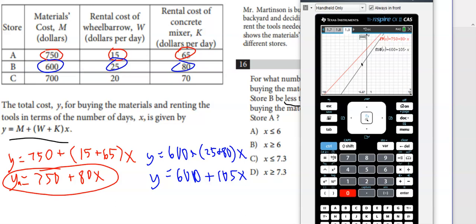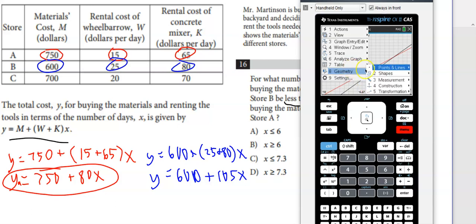Let's go 2,000. Ah, I can see where they cross. That's what I want to see, is where they cross. Right, so it looks like the question is when is store B less than store A? So it looks like until they get to that point, B is less than A. So let's find that point of intersection here.